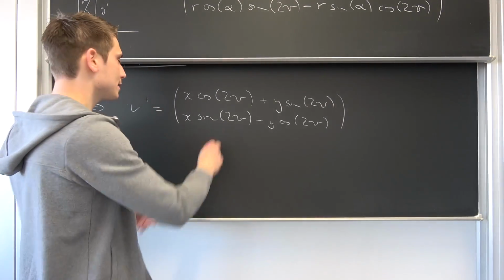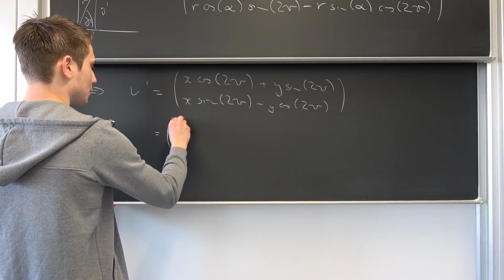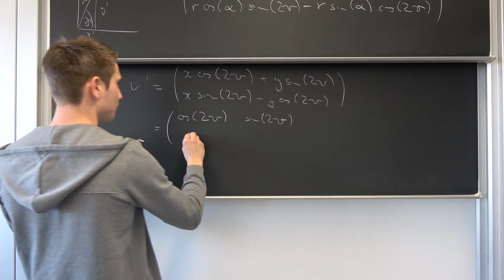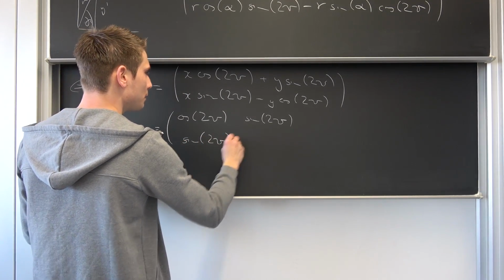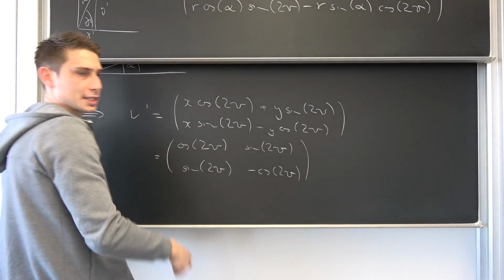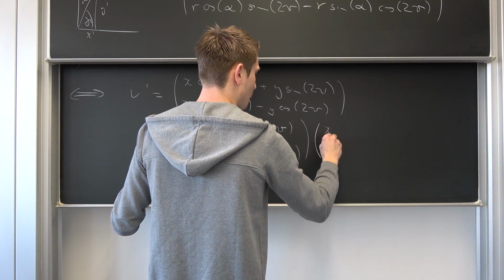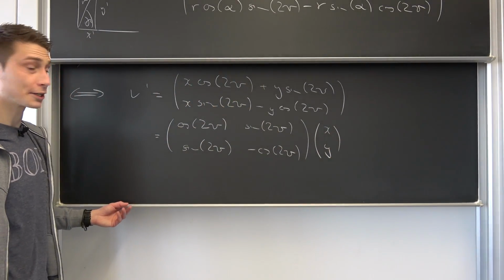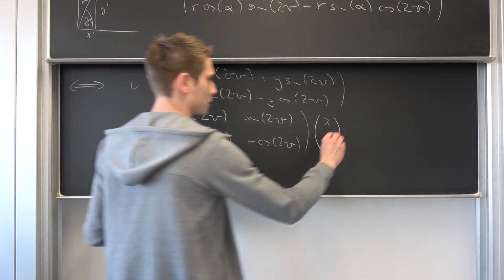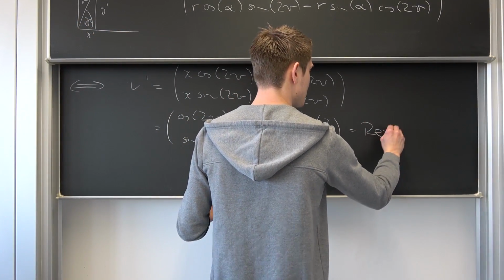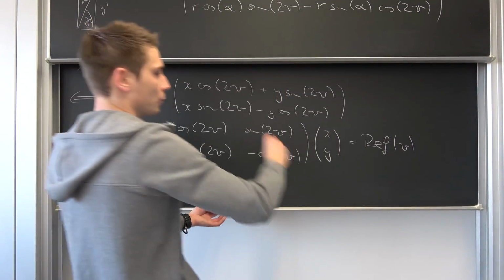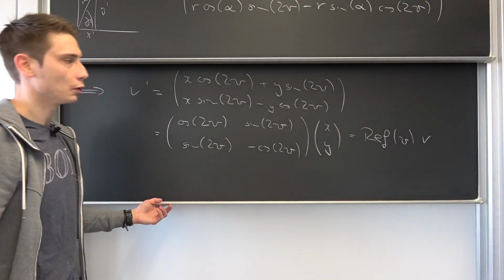Namely, this thing right here is nothing but some matrix, namely cosine of 2 times theta, sine of 2 times theta, sine of 2 times theta, minus cosine of 2 times theta, multiplied by the x and y vector. Cool, and that's really quite good because this right here is actually our reflection matrix that we wanted to get. So this is nothing but the reflection matrix where we reflect by an angle theta times our v in this case, our original vector.